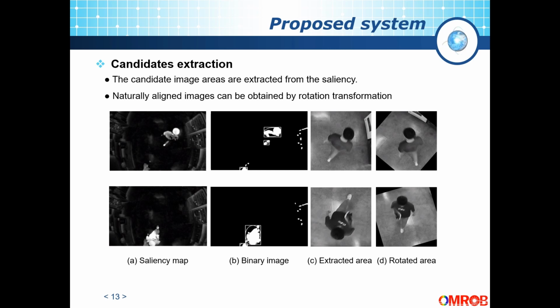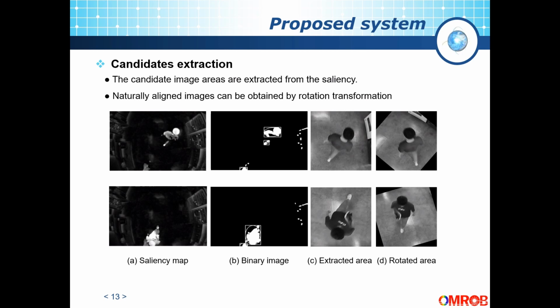Therefore, naturally aligned images can be obtained through an appropriate rotation transform from the center coordinate. The center coordinate denotes the center of the image and the vanishing point. The converted images look more natural, with the head at the top and the legs at the bottom.